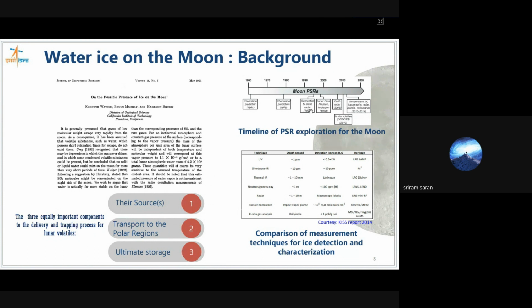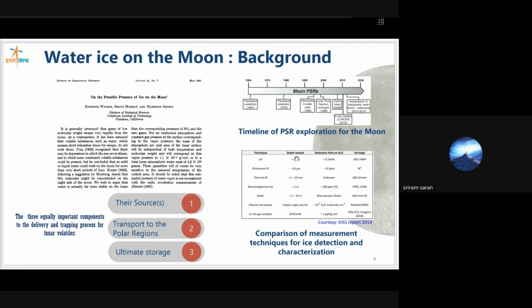The first is the Clementine bistatic radar in 1996, and then we have the Lunar Prospector mission. And in the early 2000s, there are Earth-based experiments using radar. And then from 2009 and 10, we know that there is a huge uptick in the lunar missions from several nations, including the US, Japan, India, China, and also the ESA.